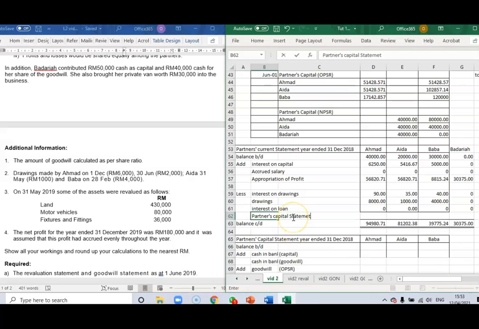Since Baba is retiring, all the surplus of the current statement should be transferred to the capital account, so that you can pay out the capital to the partner. So you can calculate what should be the positive amount.